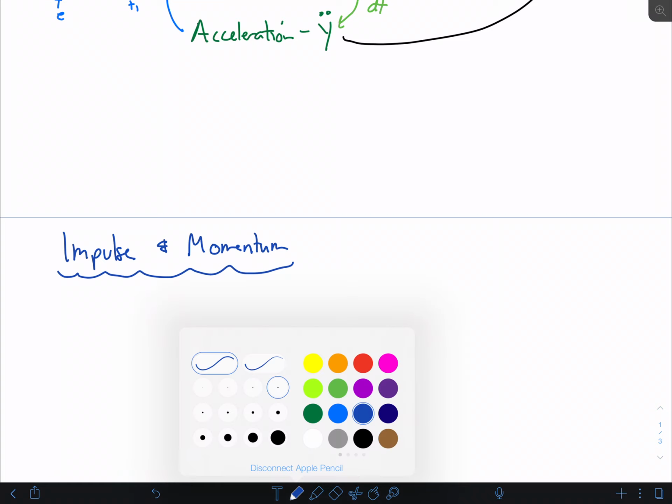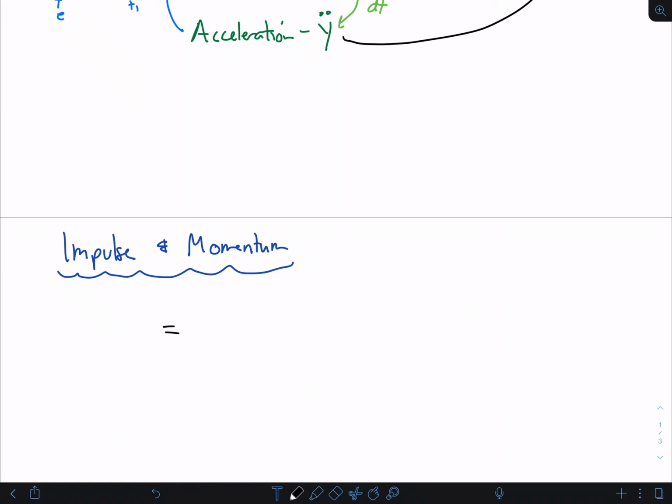So what is momentum? If you want to mathematically describe momentum, it's going to be mass times a velocity, right? And this mass times a velocity is really just mass in motion. So if an object has mass in motion, it has momentum, right? And the amount of momentum it has is the mass times the velocity, and it has a direction associated with it, okay?